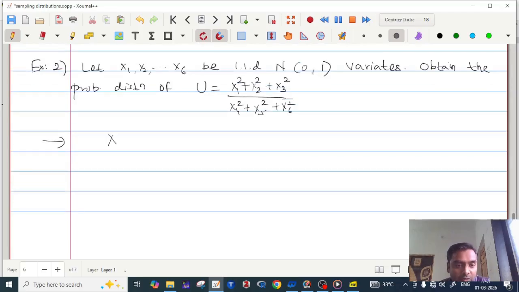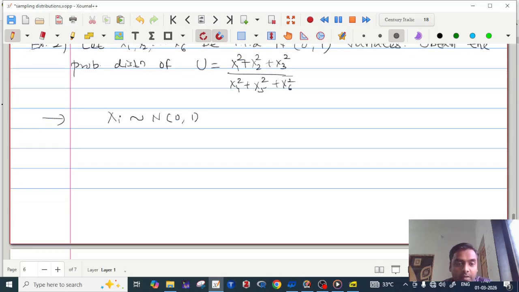Here, since Xi follows normal 0, 1, each Xi square is chi-square. Therefore X1 square plus X2 square plus X3 square follows chi-square 3 by the additive property.